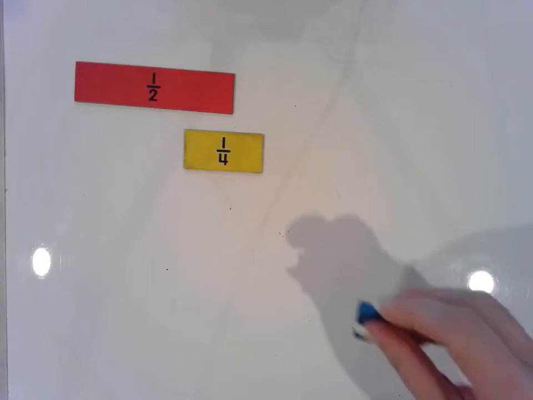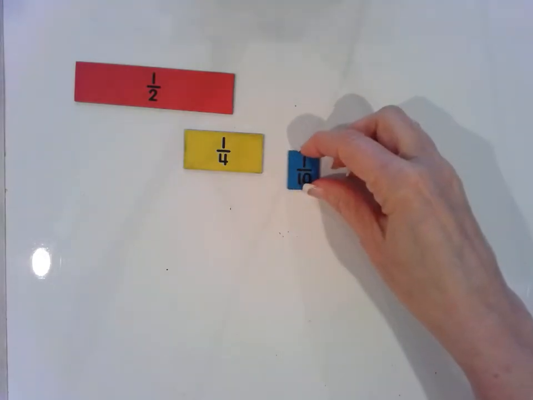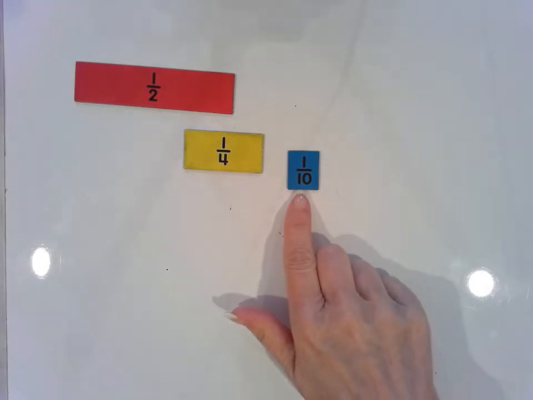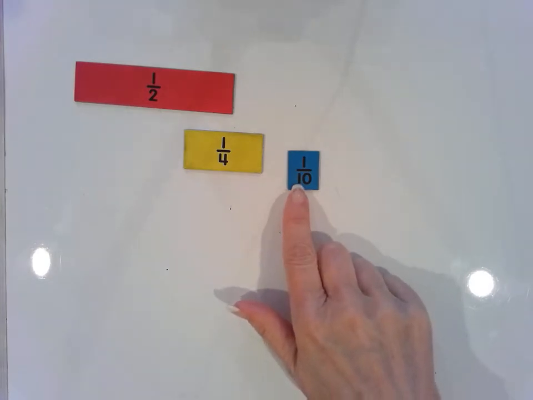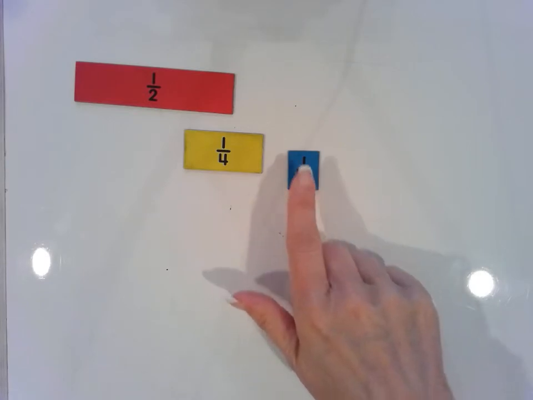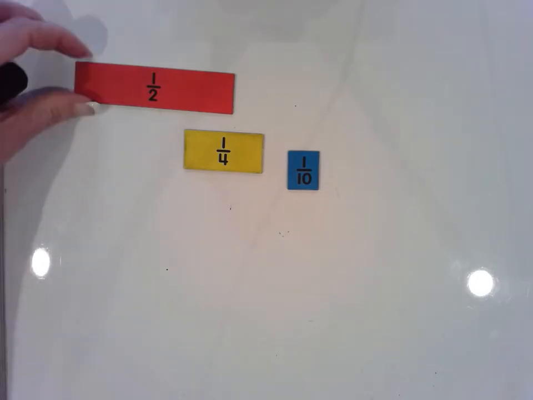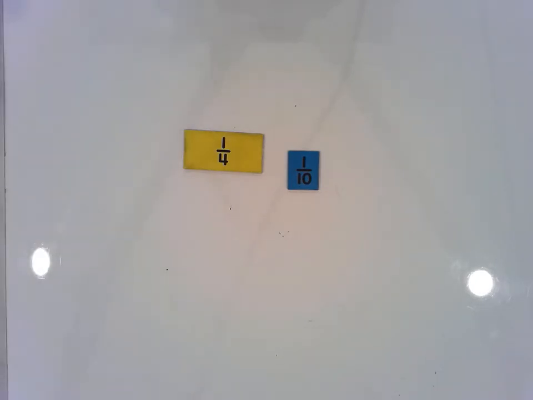Let's say you split it with even more people. Let's say 10 people visit, and you had to split that one cookie with 10 people. What happened to the size of your piece? Exactly. Now that it was split between 10 people, I had a larger amount of people, but a smaller piece. I had to share with more people. I need you to think about that, because when we start adding and subtracting fractions with tenths and hundredths, you can't really add 2 fractions together that have different size pieces.